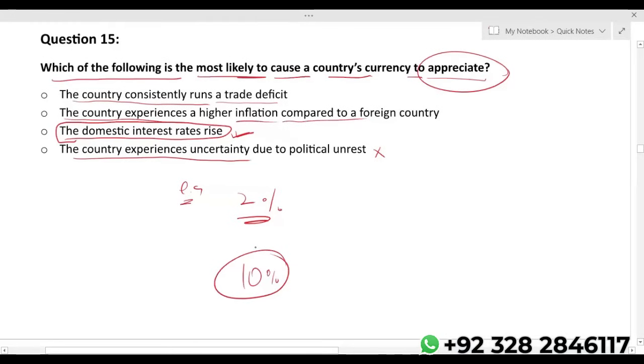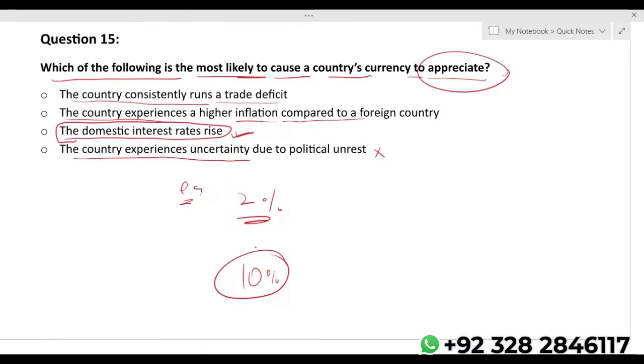If other countries are giving 2% return on deposits, and we are giving 10%, there are more chances that we can attract foreign exchange, that they are going to keep that foreign exchange in our account. So we'll have more foreign currency, and basically there's a possibility it can appreciate your currency.